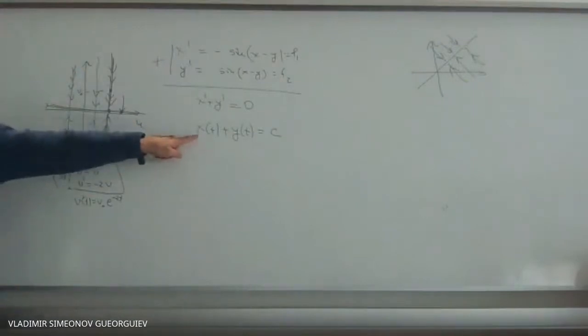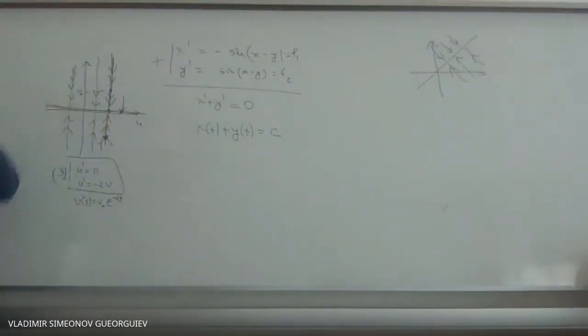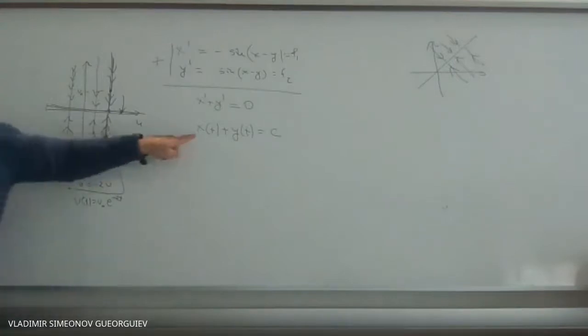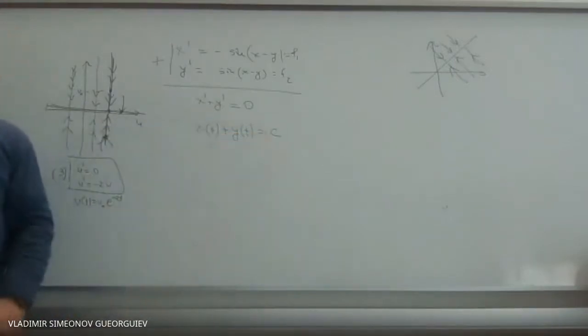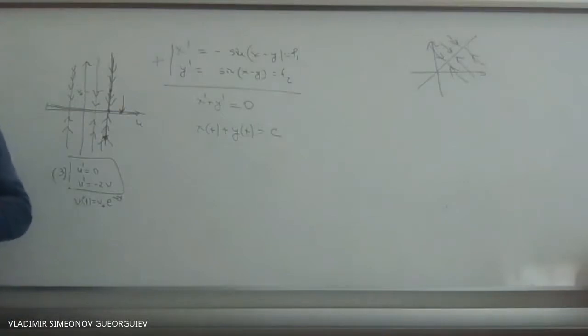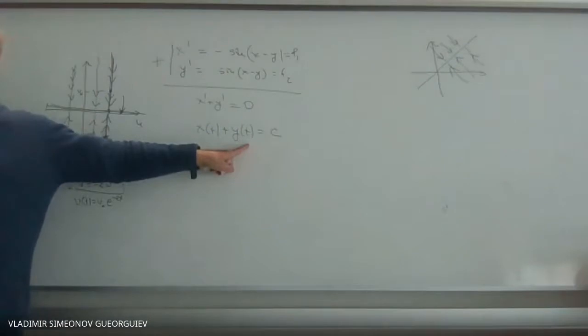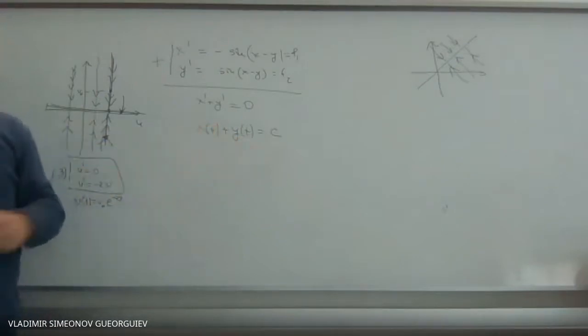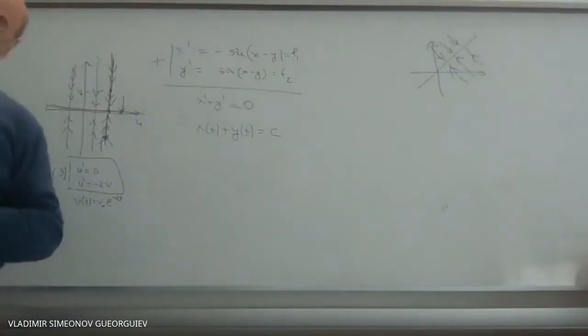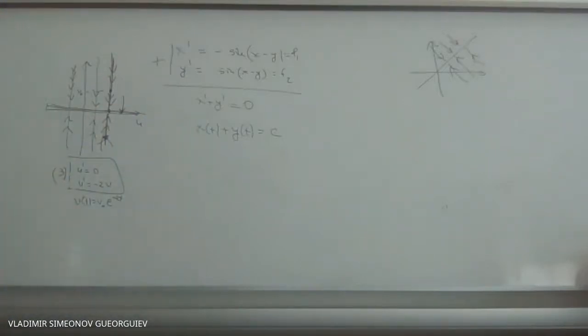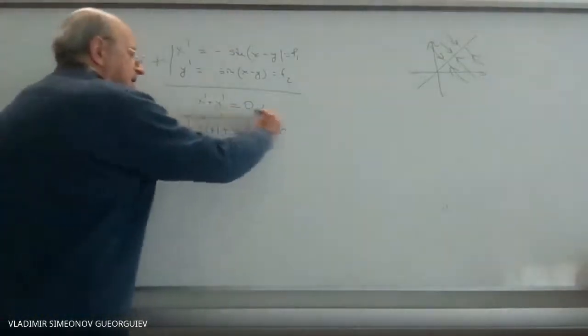This explains why on our picture we have straight lines, because the equation x plus y equals constant is the equation of a line. So this means if you take the sum of your two phases, this shall be a constant. If you know this value at t equals 0, if you know x0, y0, then x plus y is determined by the initial value x0 plus y0. And this is an important relation.